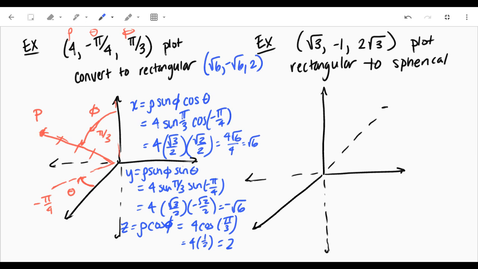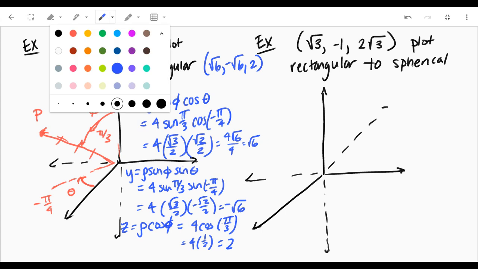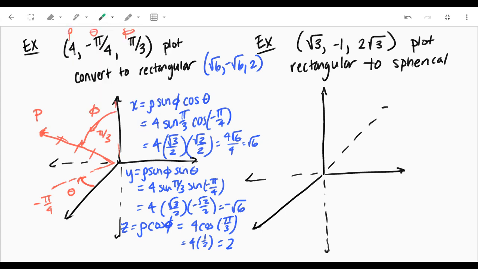All right, the second example, it's in rectangular, so we are going to go to, let's do green. X is going to be the square root of 3. Y is going to be negative 1. And then Z is going to be 2 root 3.